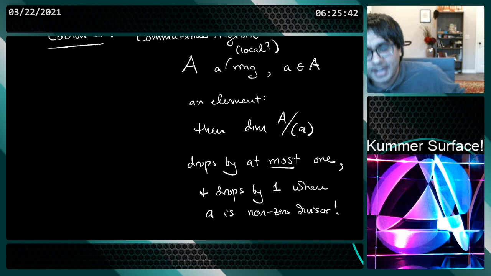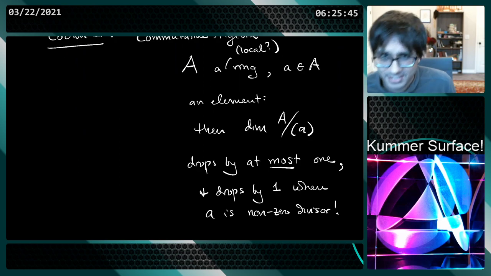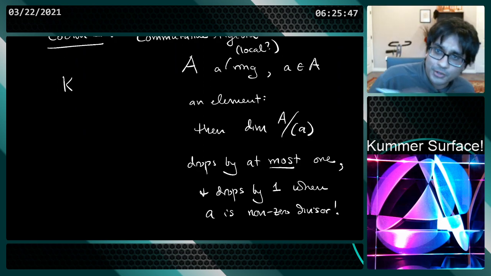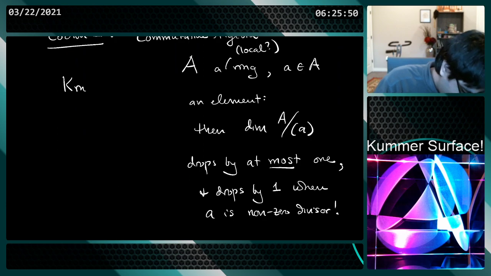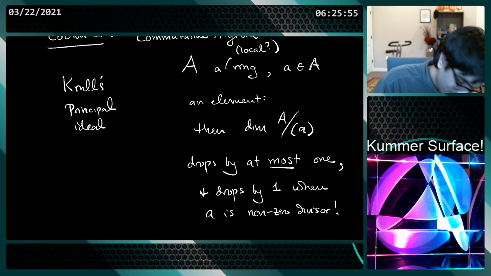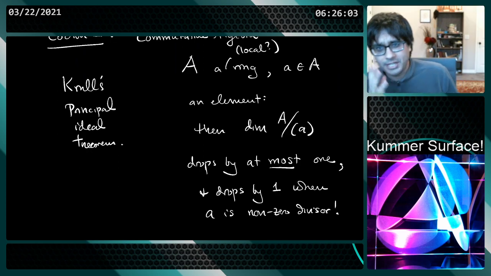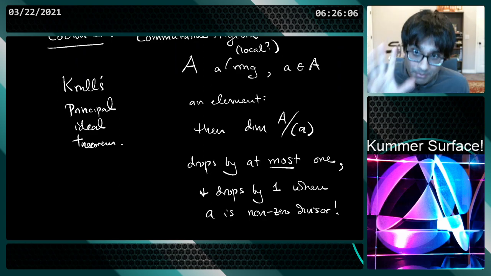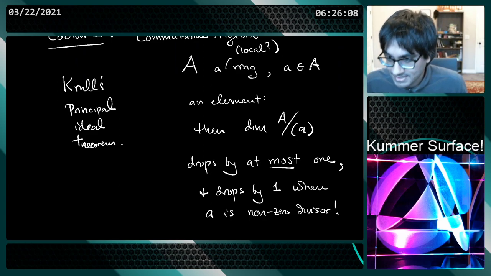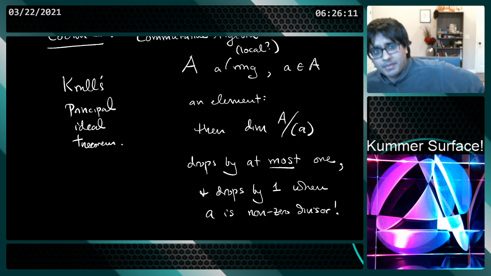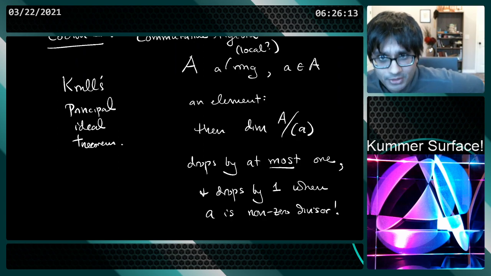This is called Krull's Hauptidealsatz, but it's called Krull's principal ideal theorem. When you set one equation equal to 0, your dimension drops by at most 1. This is covered in chapter 0 in the dimension part, facts about dimension. In chapter 0, you'll see it.